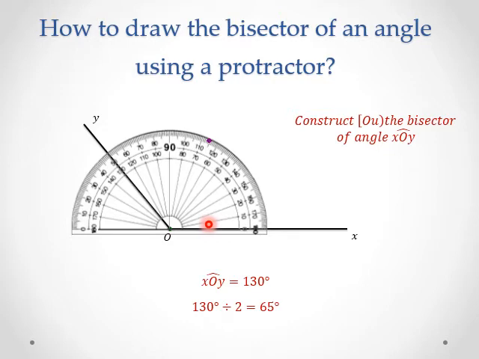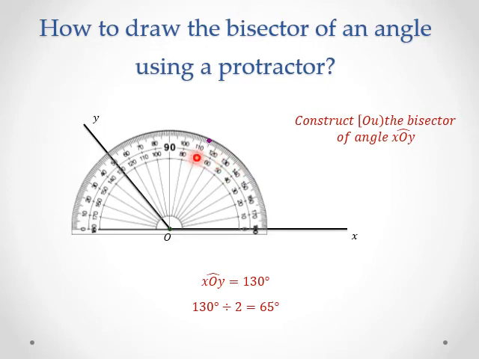What to do? Here I have to put the zero of the protractor on one of its sides, or semilines. What to do here? I have to count 0, 10, 20, 30, 40, 50, 60, 65.